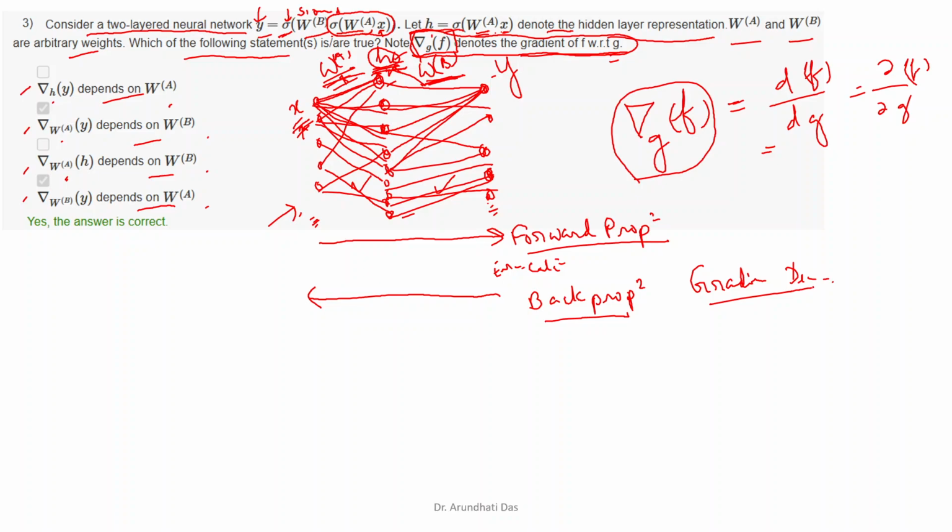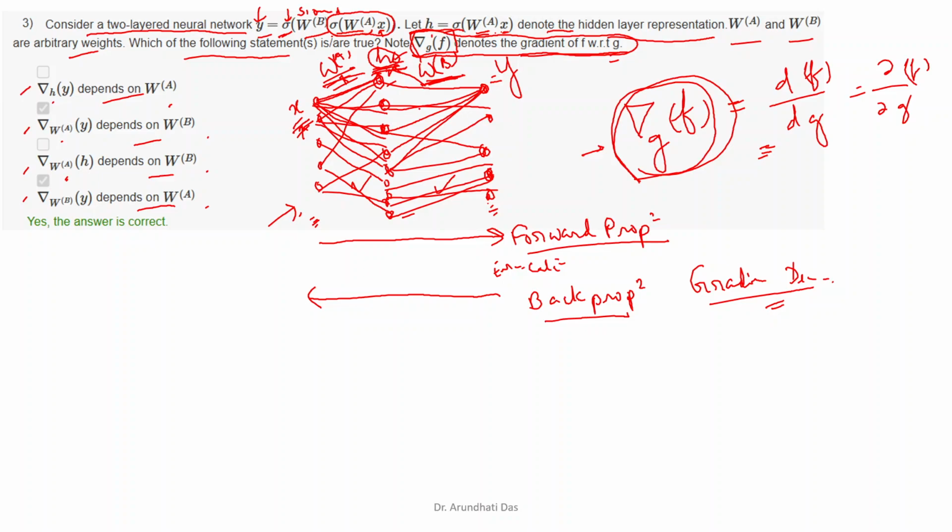This gradient descent is an optimization algorithm, and we apply different variations of it. In this algorithm, we calculate the gradient of some function with respect to some other variable.